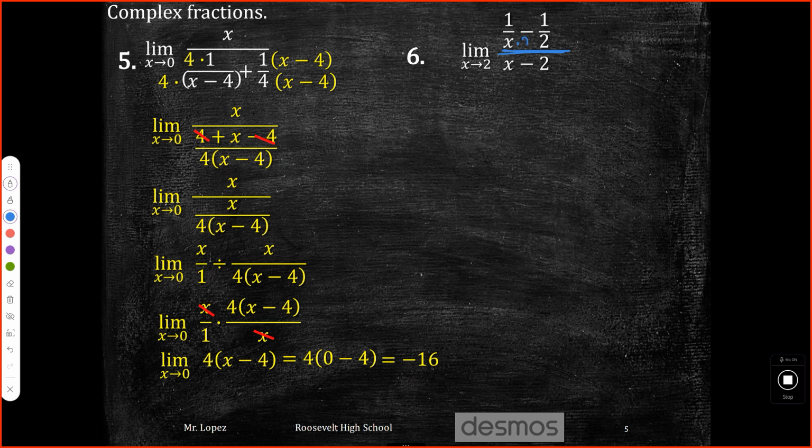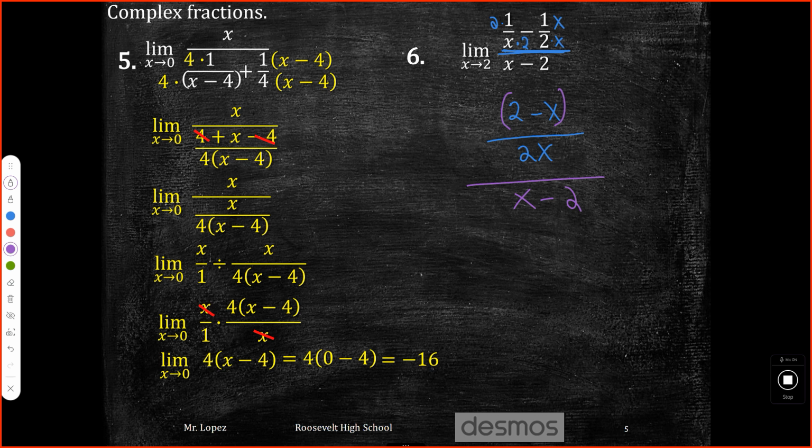So this one is a 2 and the second one is an x. So this is going to be 2x minus, no it's not, it's going to be 2 minus x over 2x divided by x minus 2.